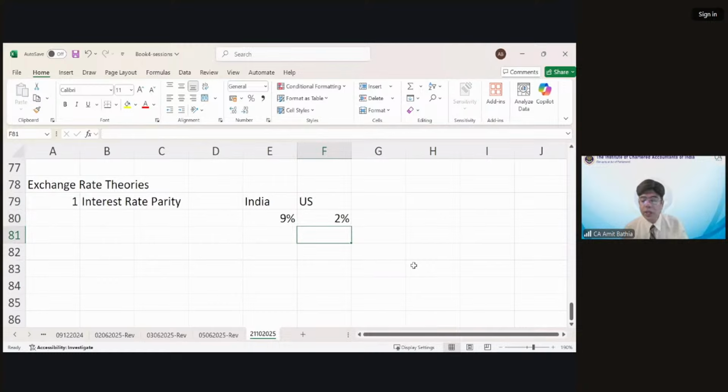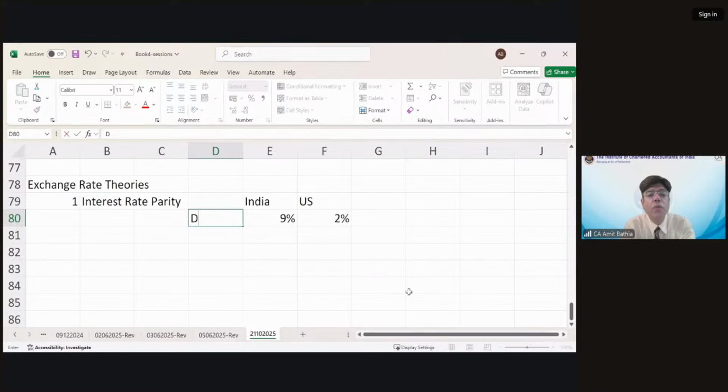Now, what does this essentially tell us? There is a difference in the rate of interest on a domestic and on a foreign deposit, right? Say, for example, I'm talking about the deposit rate in India and US, right?